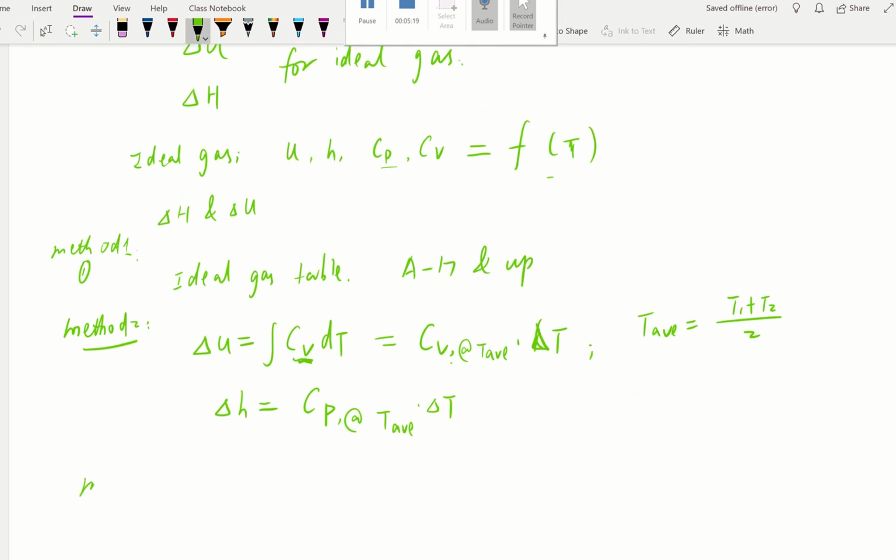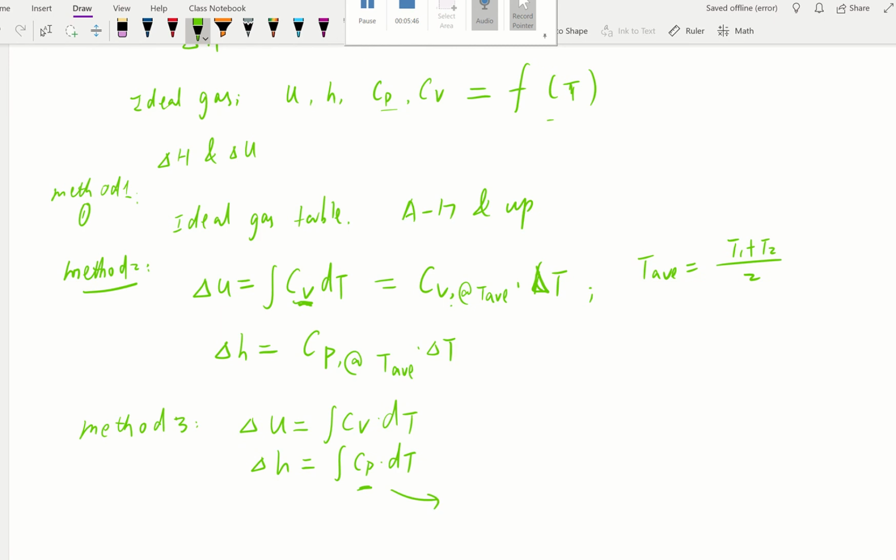Method 3, which we don't normally use, but I will write it down anyway. That's delta U equal to the integral of Cv dT, and delta H equal to the integral of Cp dT. Where does the Cp come from? That's coming from our table A2C.